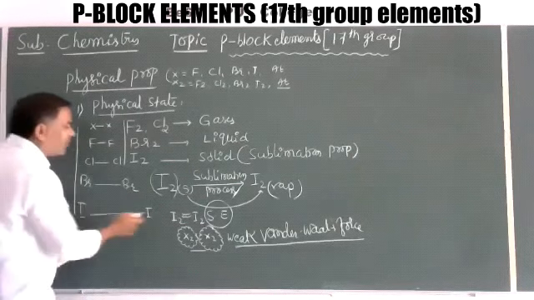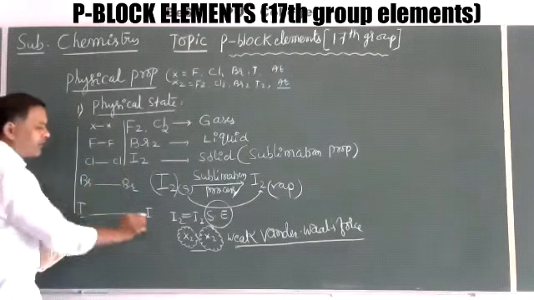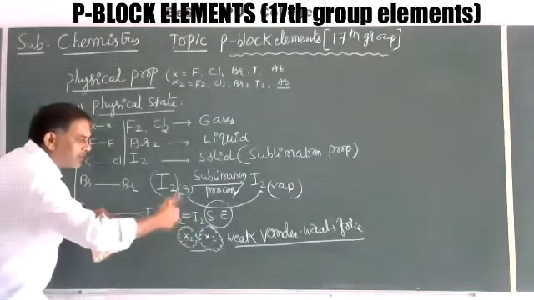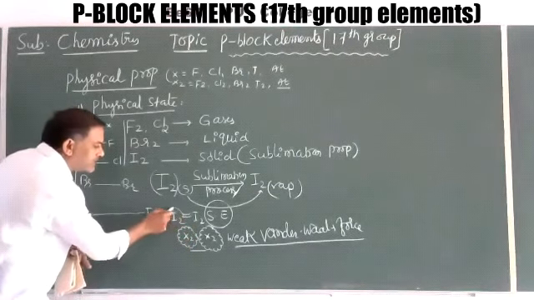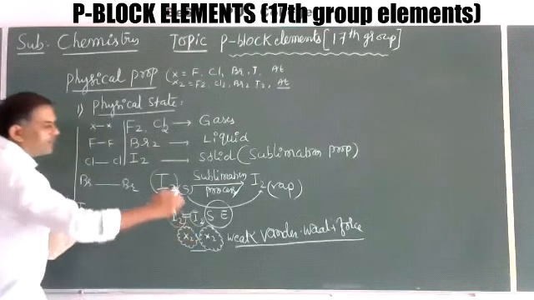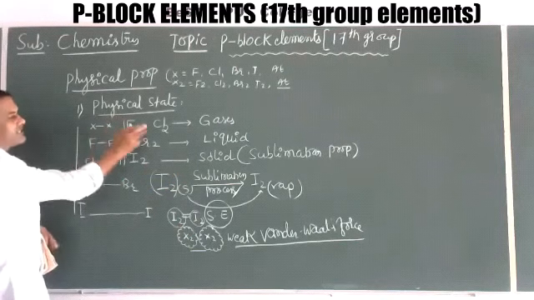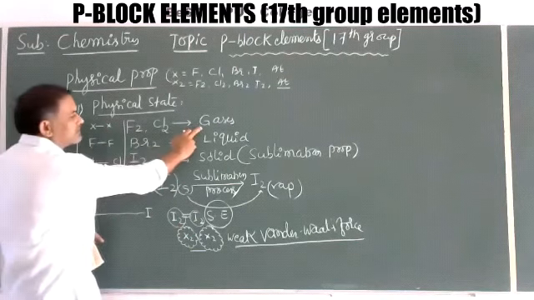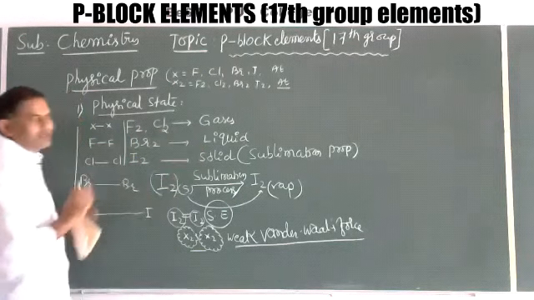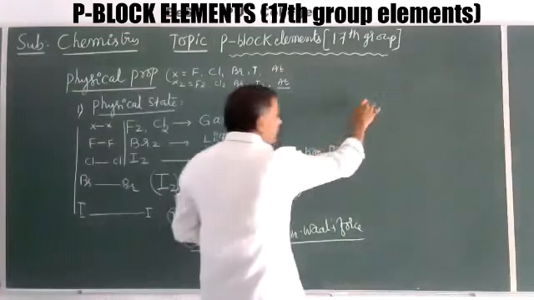Between molecules of fluorine, chlorine, bromine, iodine, van der Waals forces decrease because the molecular mass increases, then the force decreases, so iodine easily vaporizes. That is physical state. These two are gases at room temperature, one is a liquid and one is a solid.